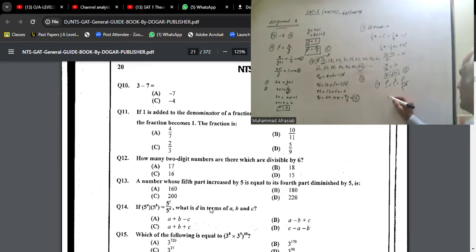Since the bases are same, it should be written as 5 power A plus B is equal to 5 power C minus D. Since the bases are same, A plus B is equal to C minus D. Because we have to express D, it should be equal to C minus A minus B is the answer of this solution. And this answer is basically equal to D part. So D is the answer of this question number 14.